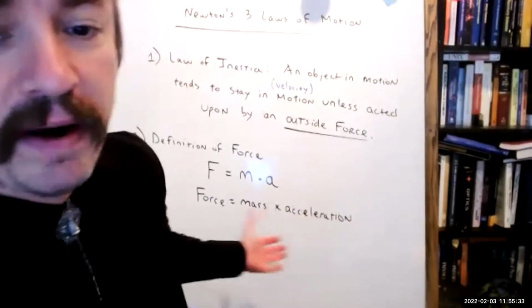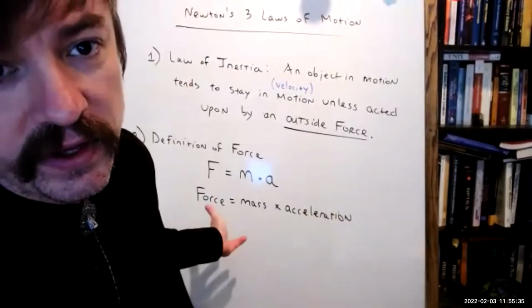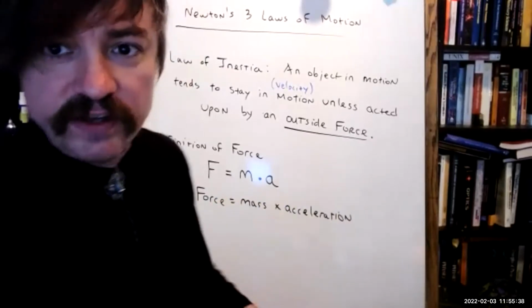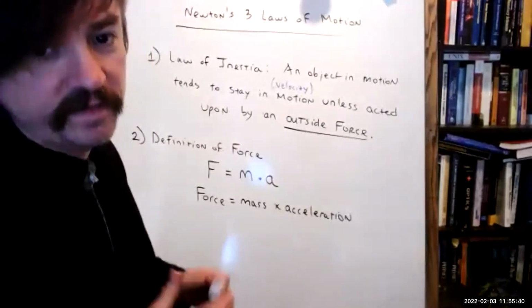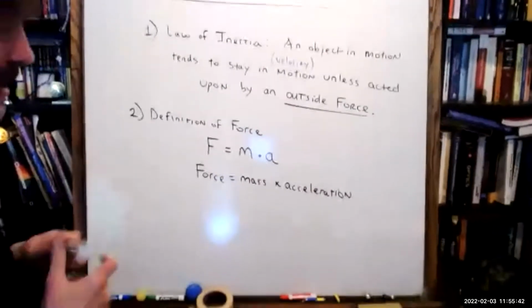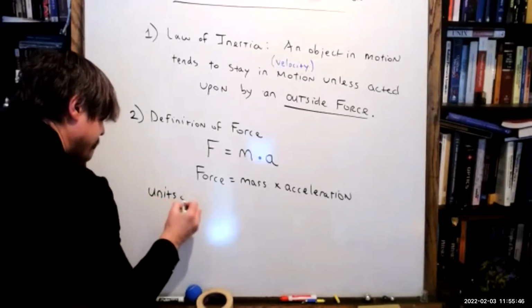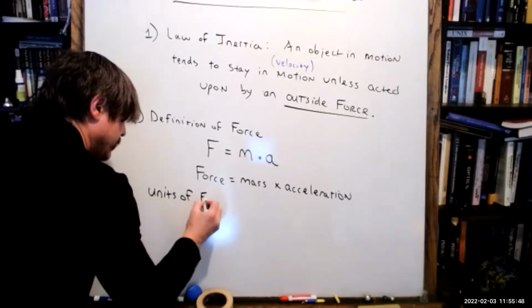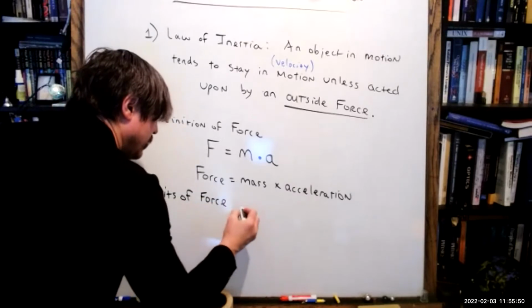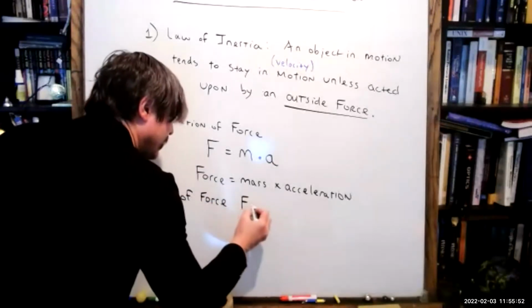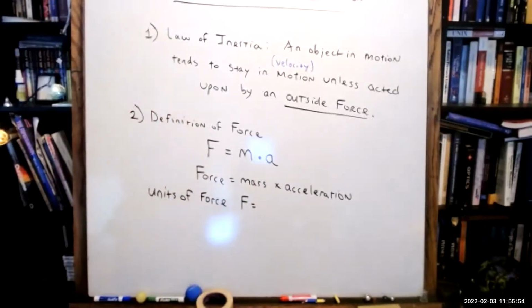To learn about a physics quantity, it turns out that the smartest way to do that is to study its units. And so maybe we could have a quick digression about units of force. That would require us to know our units of mass.